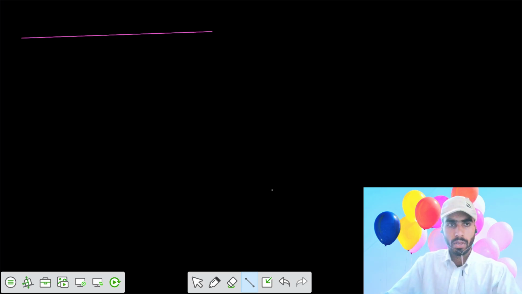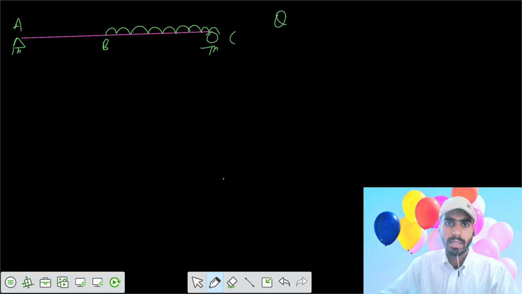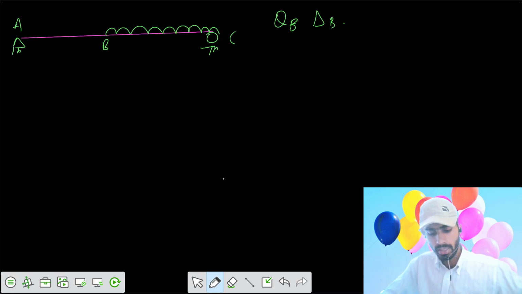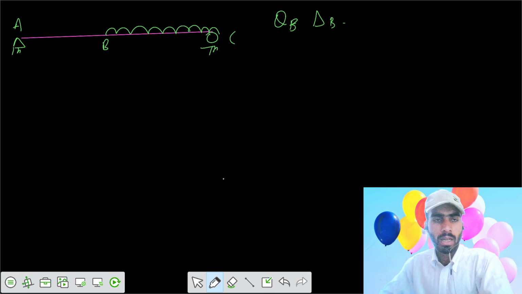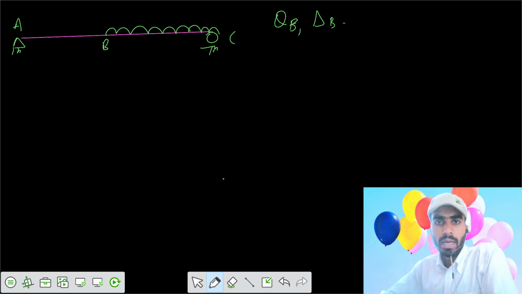Let's say you got this beam, roller at C, hinge at A, and B. You need to get the value of delta and theta at B, slope and deflection at B, but there's no load acting at the point B. We have to get the value of that theta at B and delta at B.